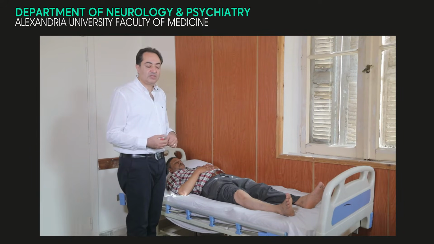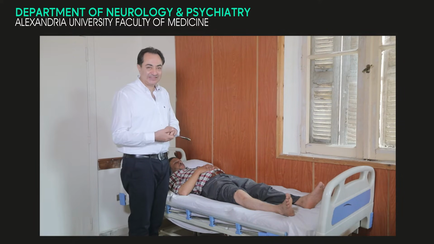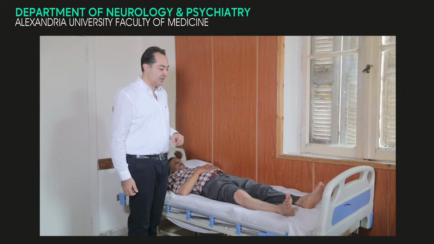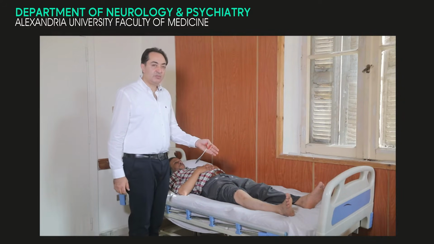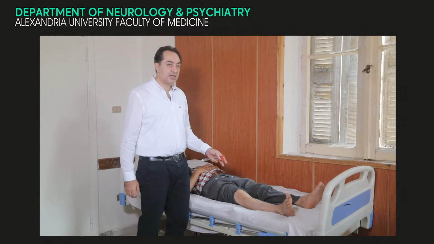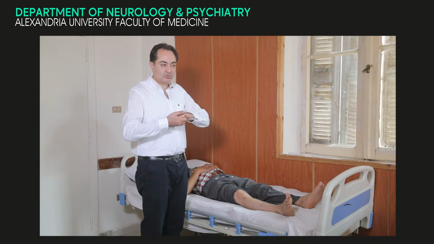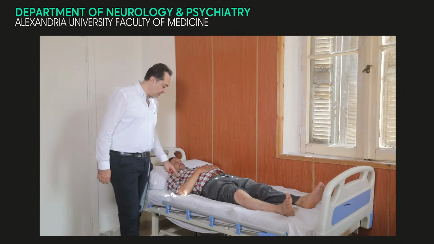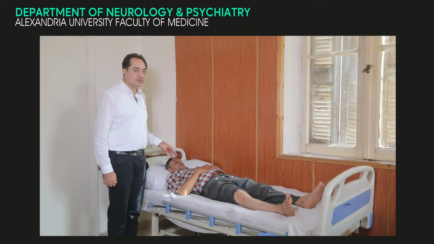The reinforcement is made by one of 2 maneuvers, either clenching the teeth or clenching both arms with each other. In the lower limb reflexes, I can ask the patient to do either. In the upper limb, I only ask the patient to clench the teeth.